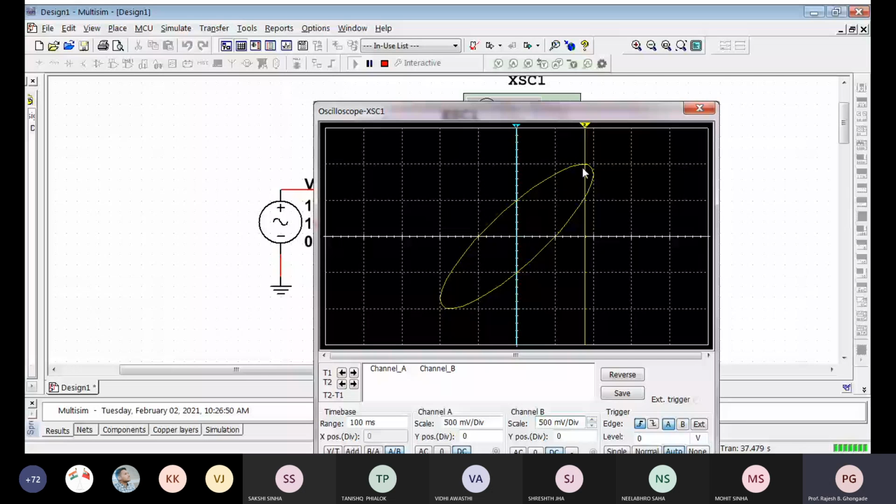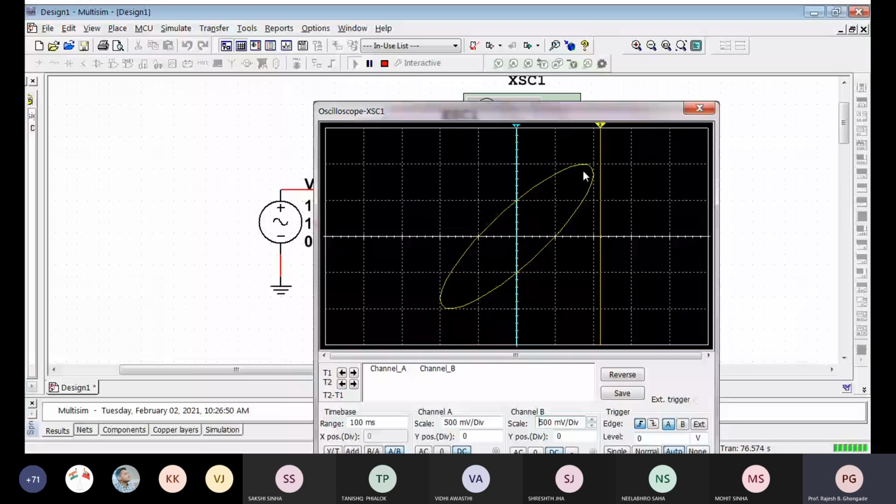Answer the question, please. Sir, you were not audible. Please, can you repeat once more? What is the number of divisions at this highest point of this ellipse? How many divisions is it from the horizontal line?